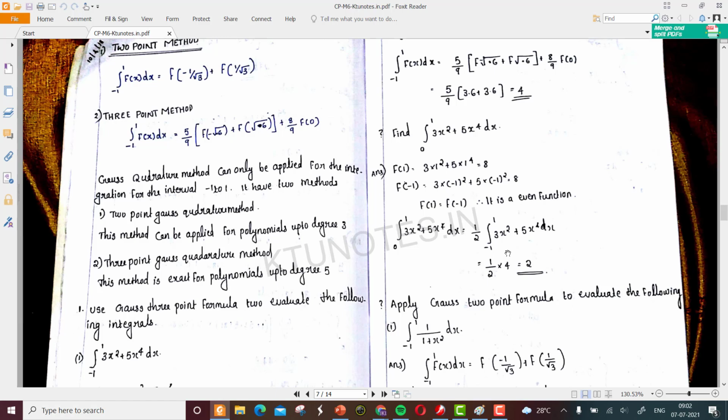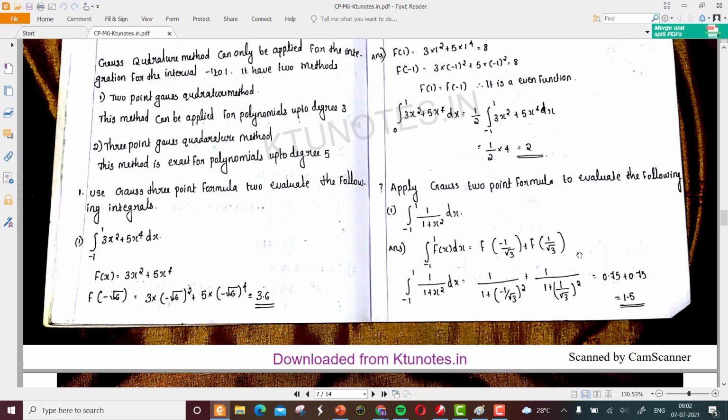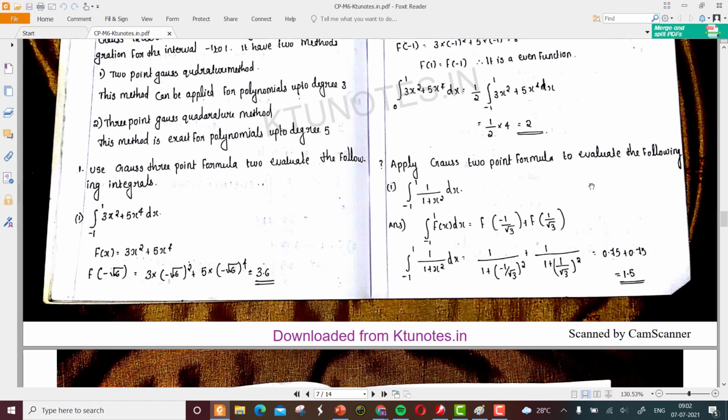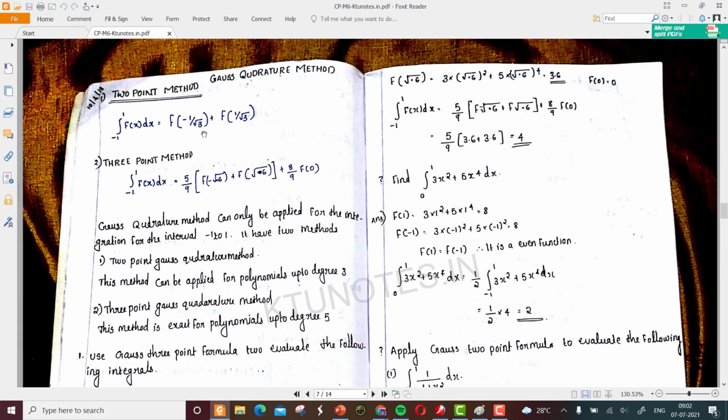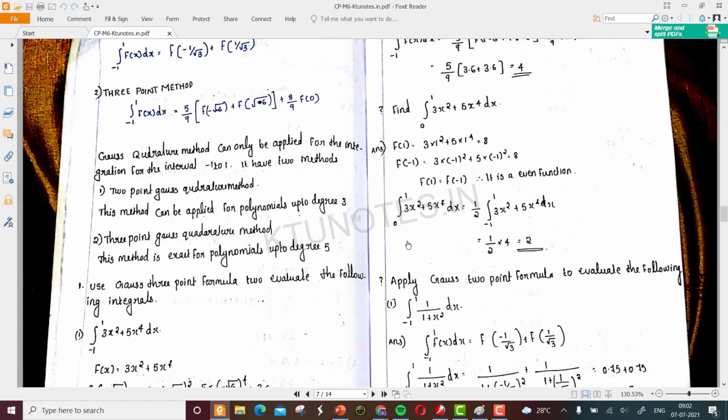And the last problem we will discuss is applying the Gauss quadrature 2-point formula to evaluate the following. The minus 1 to 1, our range is satisfied. 1 by 1 plus s square dx, and from minus 1 to 1 f of s dx is equal to f of minus 1 by root 3 plus f of 1 by root 3.